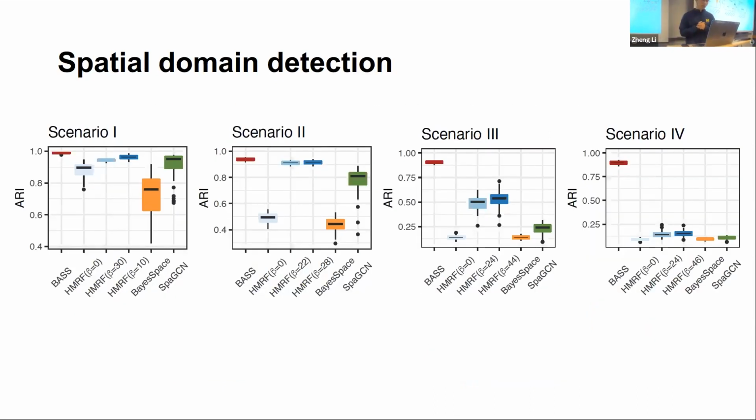This is the simulation result for spatial domain detection, and we compared our method to 3 other commonly used spatial domain detection methods: HMRF, AS-based, and SpaGCN.